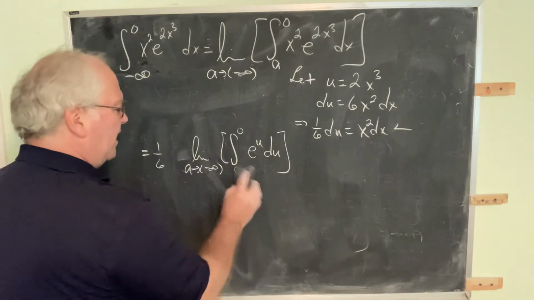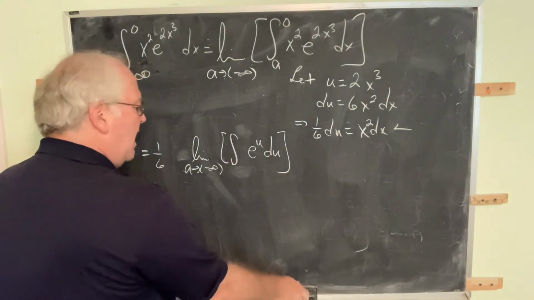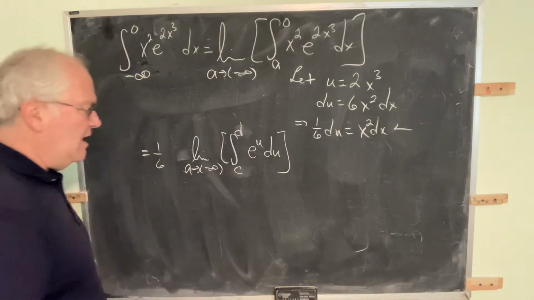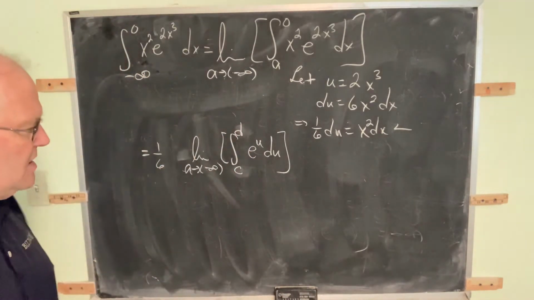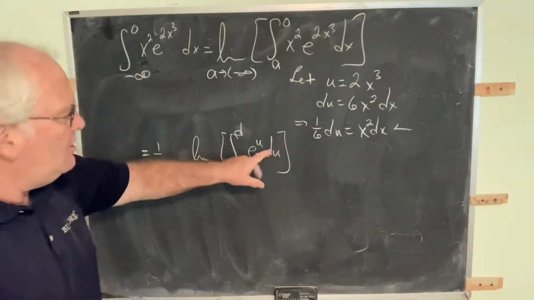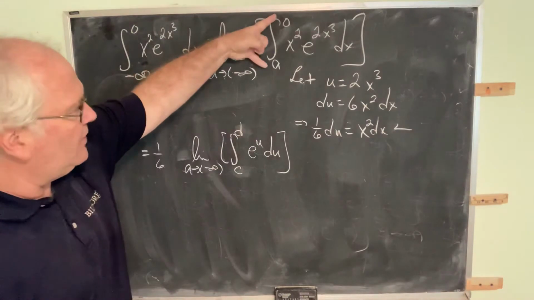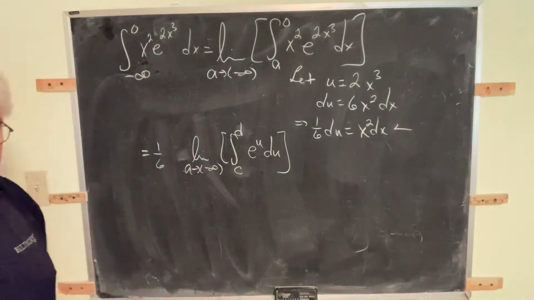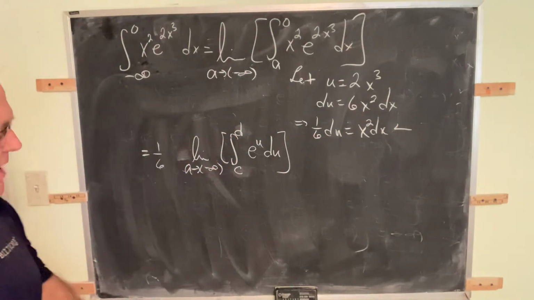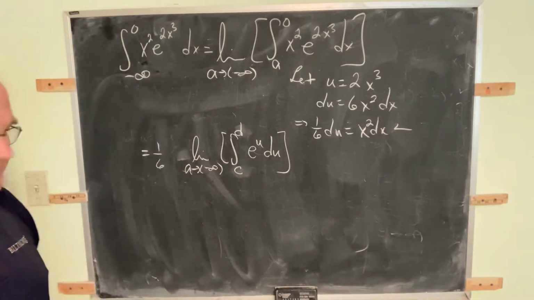A better version is to put in dummy limits of integration. Then when we go back to the original variable x, we will go back to the original limits of integration, a and 0, and then we'll be off to the races. Dummy limits of integration. The devil is in the details, and this is loaded with them.